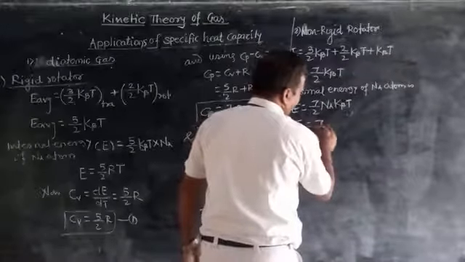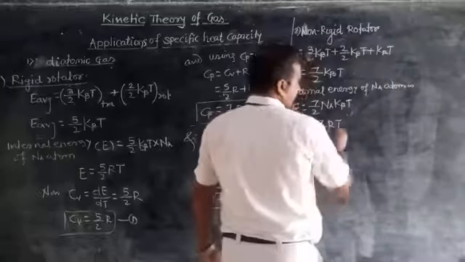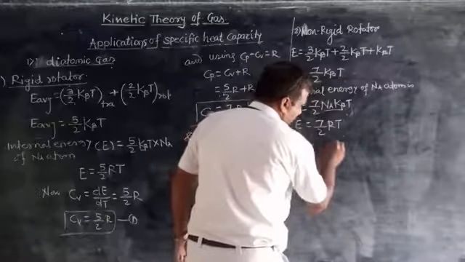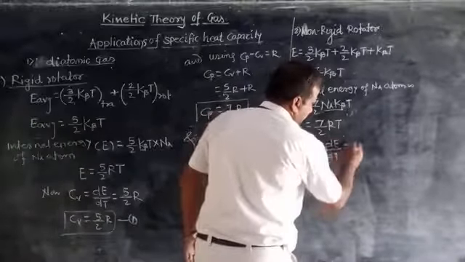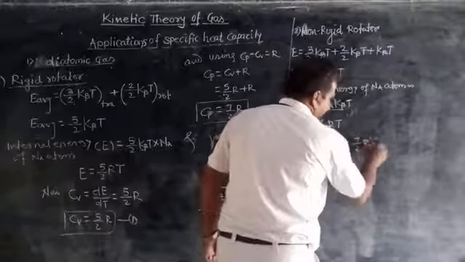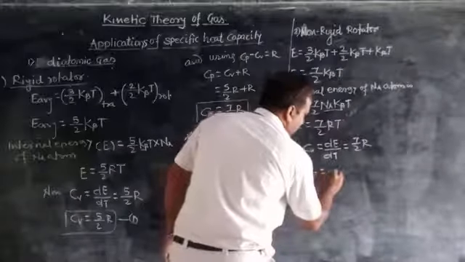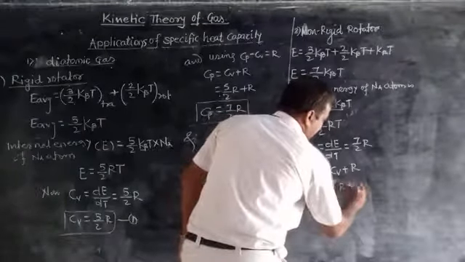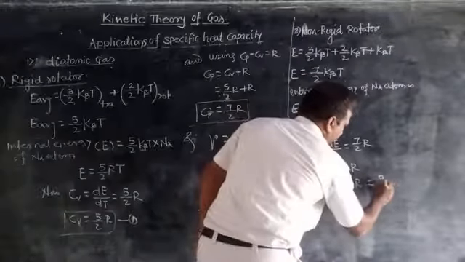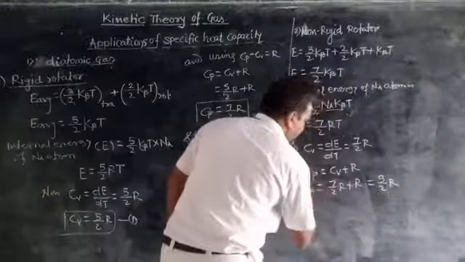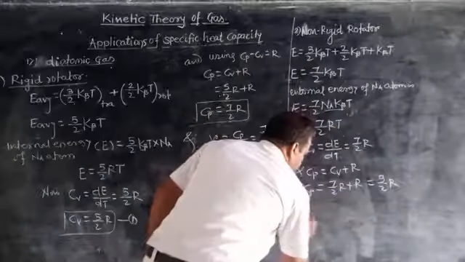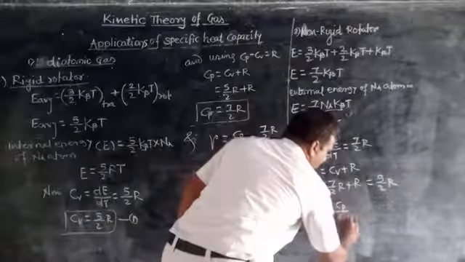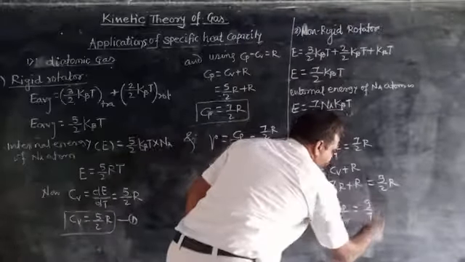Therefore E is equal to 7 by 2 RT, since Na k beta is equal to R, and Cv is equal to dE by dT, that is 7 by 2 R, and Cp is equal to Cv plus R, that is 7 by 2 R plus R equal to 9 by 2 R. This is the Cp, and using these two values, the adiabatic constant gamma is equal to Cp upon Cv, that is 9 by 7.